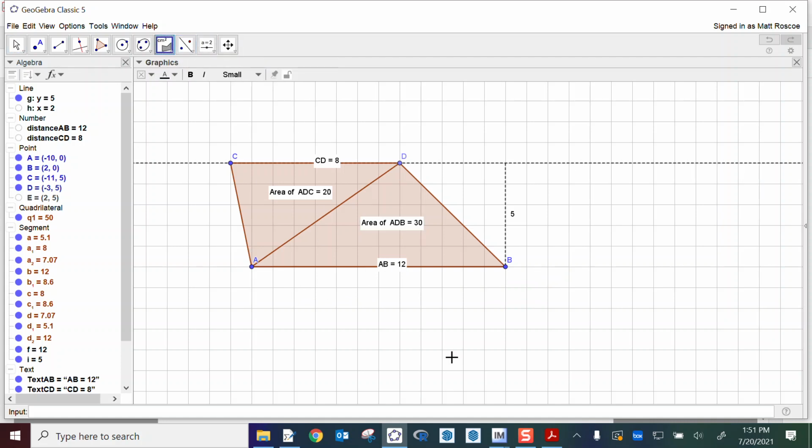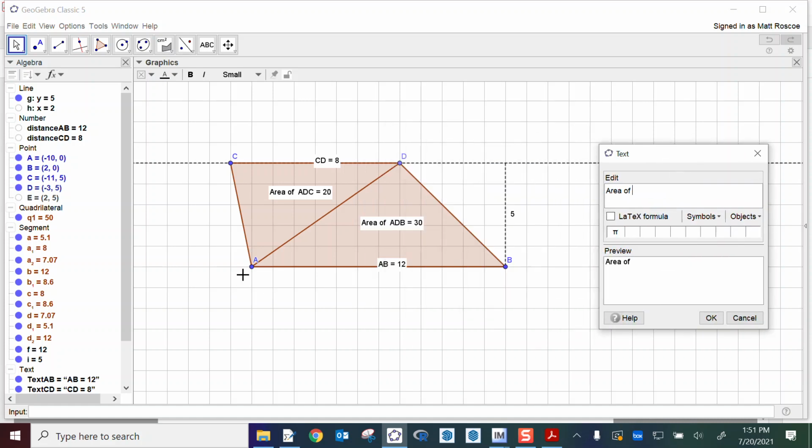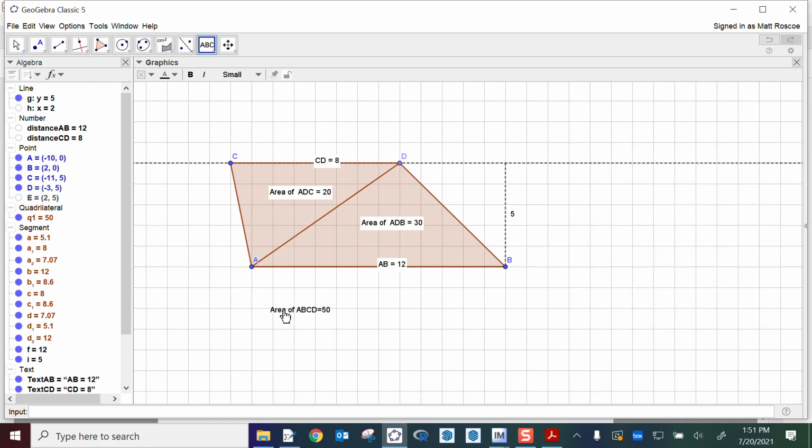And the other thing I want is the area of the trapezoid, which I guess I already have, but I'll put that in a dynamic text box here below. So I'll just say area of ABCD. Oh, I don't like the way, we'll change it. ABCD is going to be this number, quadrilateral Q1. So this is objects and Q1. Hit OK. There it is.